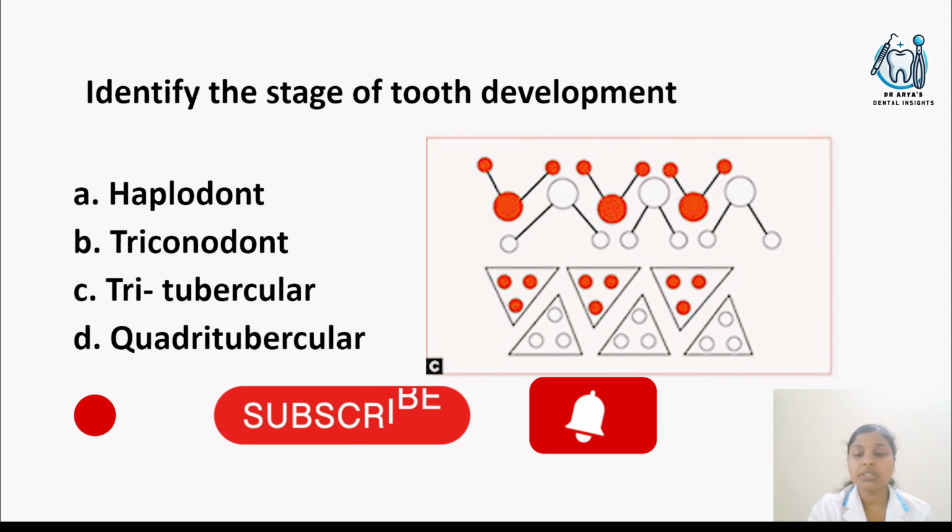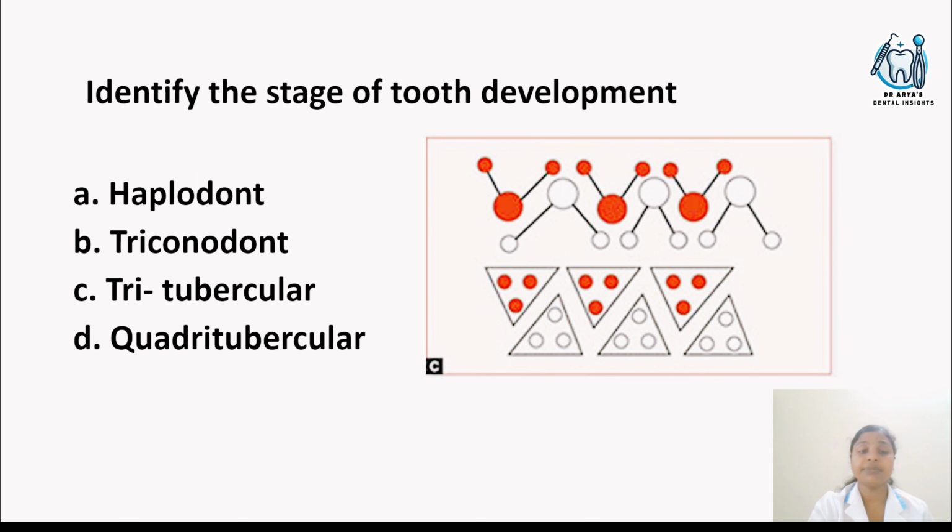So coming to the type of question which asks to identify the stage of tooth development, keeping all these in mind, you can answer this question. Is it haplodont, or triconodont, or tritubercular, or quadritubercular? Which one is the answer? It is tritubercular, and it is a more efficient molar pattern, that is three cusps in a triangle.